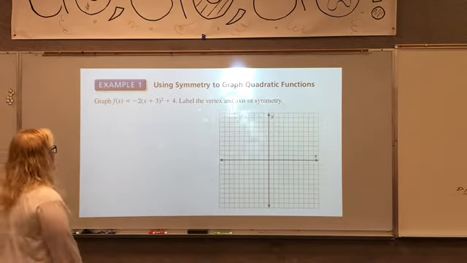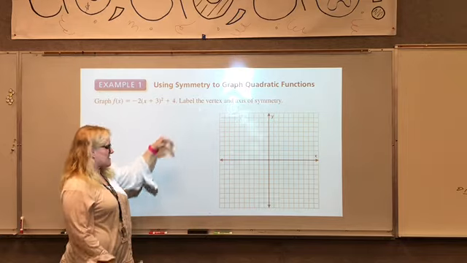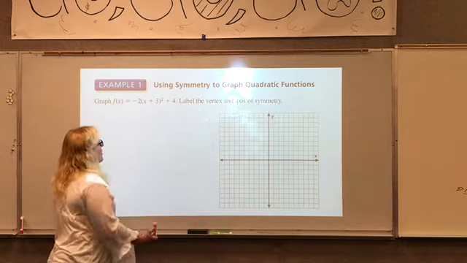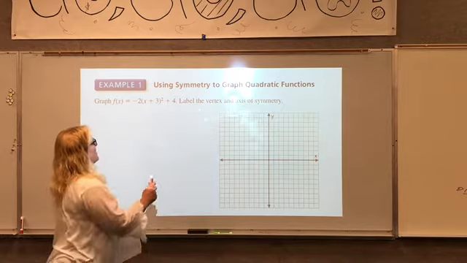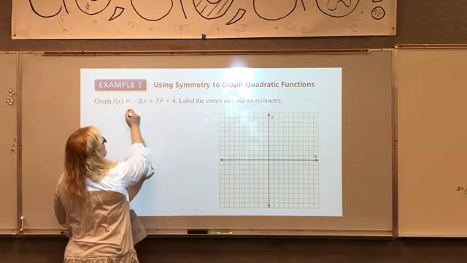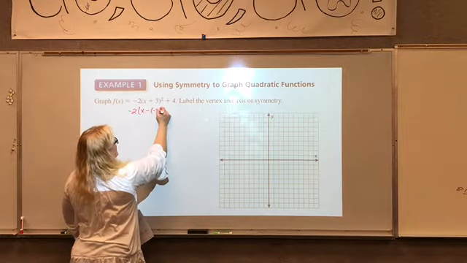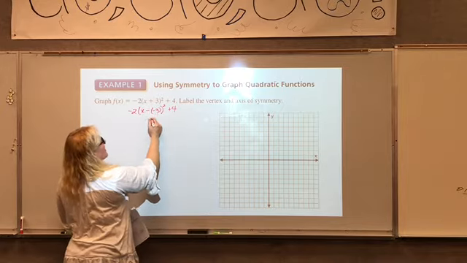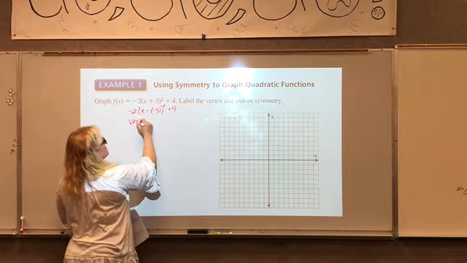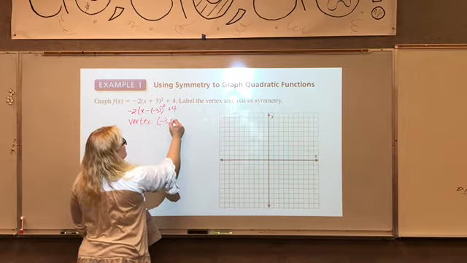Okay, so let's look at an example. In this problem, they want us to label the vertex and axis of symmetry. So it's in vertex form, which is nice. If I rewrite this, this is -2 times (x minus -3) squared plus 4. So that means that my vertex is (-3, 4).